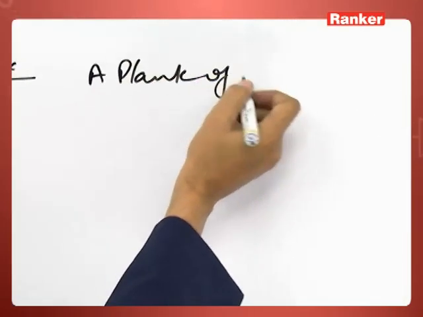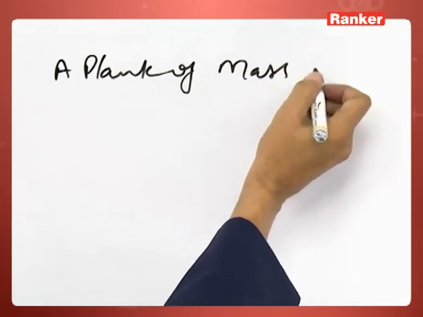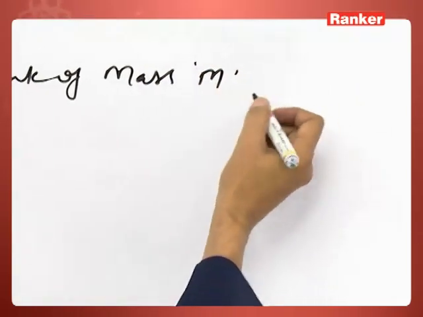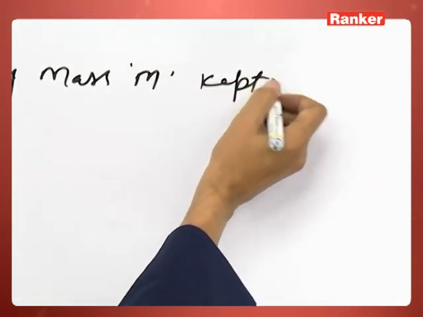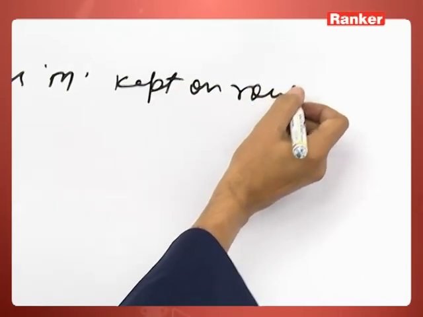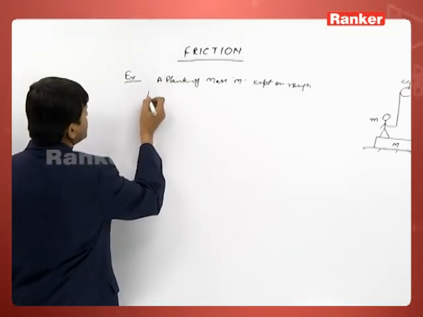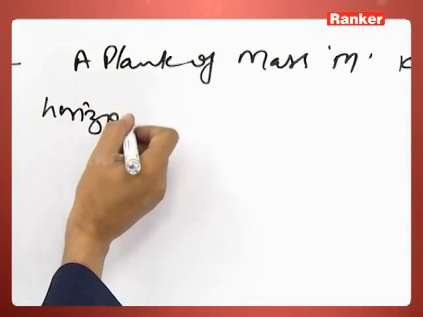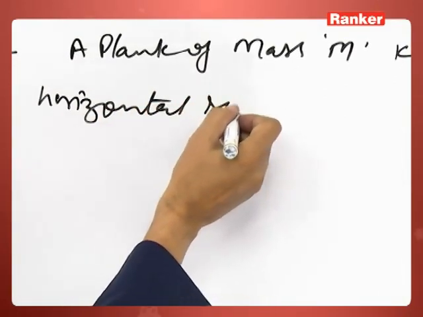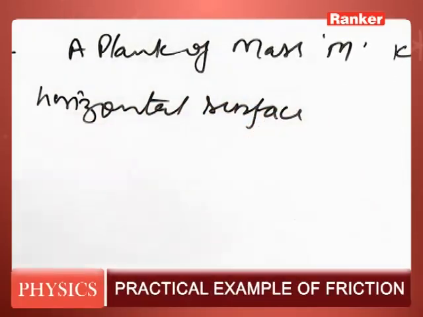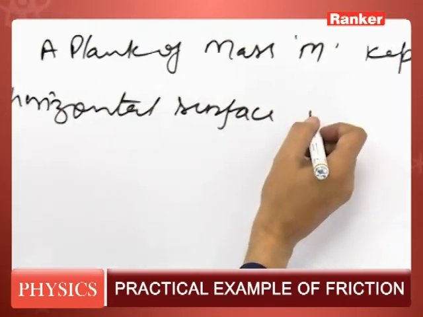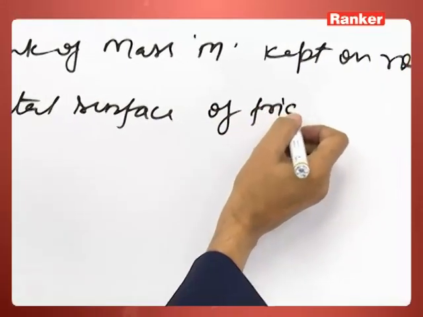So we can write: a plank of mass M kept on a rough horizontal surface of friction coefficient mu.